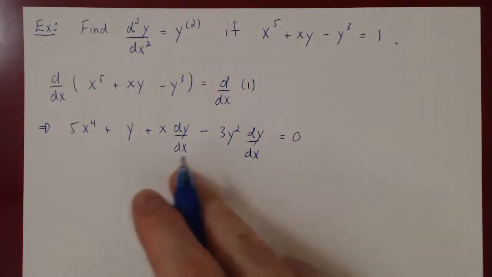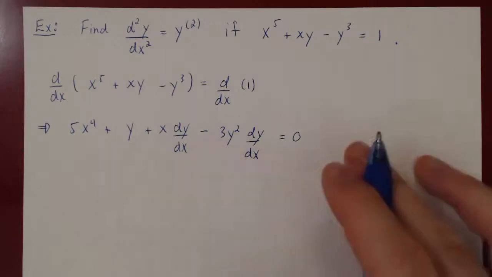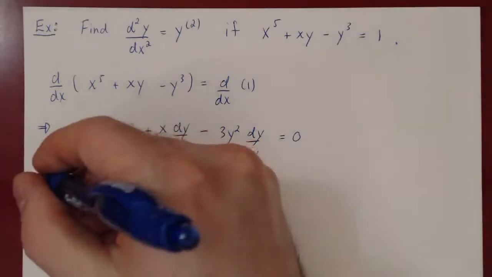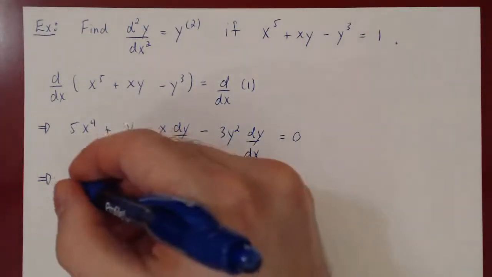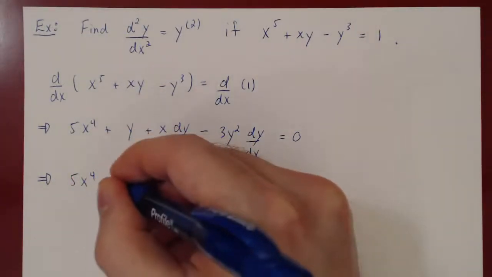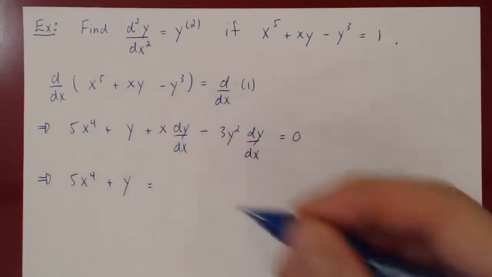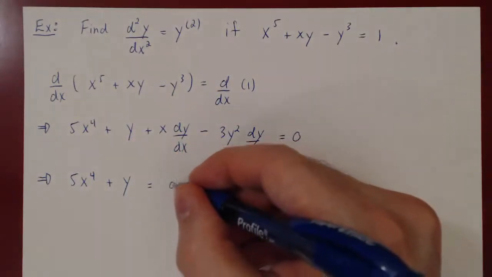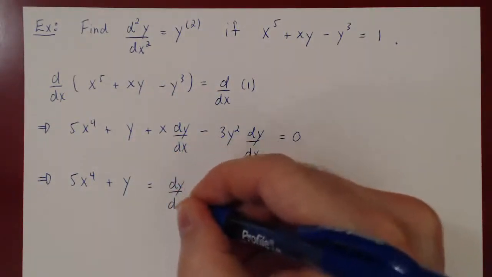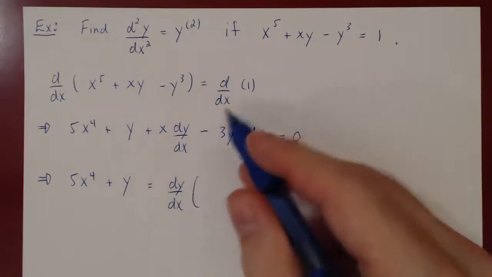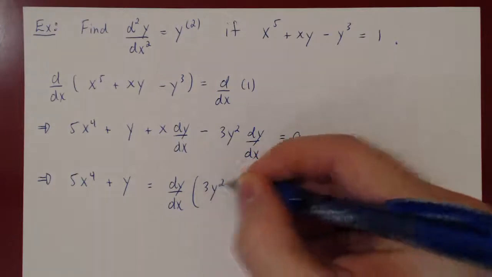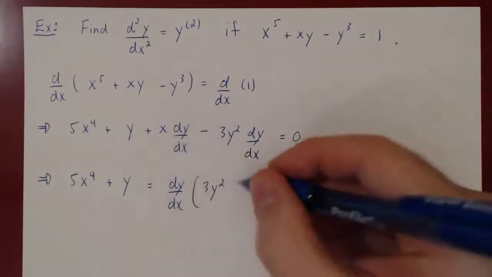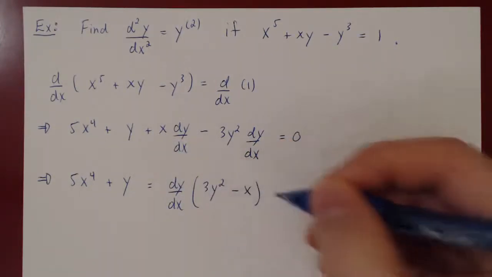Let's isolate the dy over dx, so send both of these onto the right-hand side of the equality. So we are going to have 5x to the 4 plus y is equal to, I will factor already the dy over dx. The negative 3y squared will become a positive 3y squared. The positive x will become a negative x.